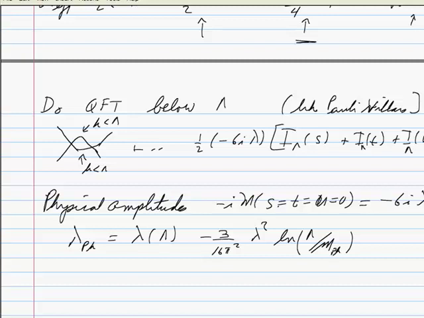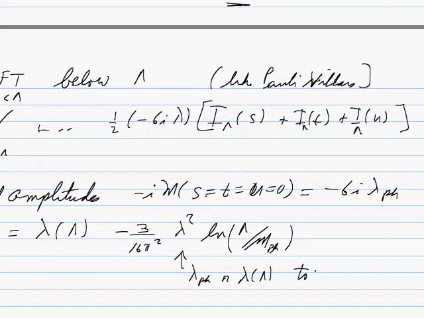Okay, I've skipped a couple steps. Remember, this lambda can be either lambda physical or lambda of capital lambda to this order.